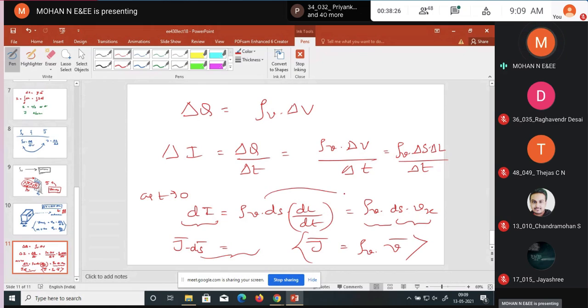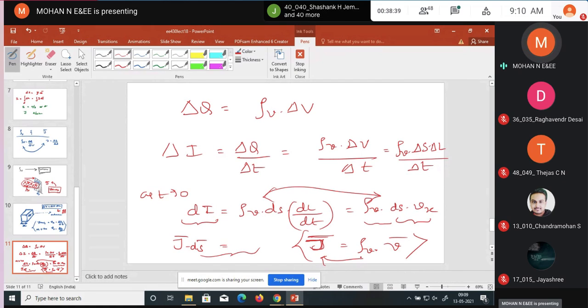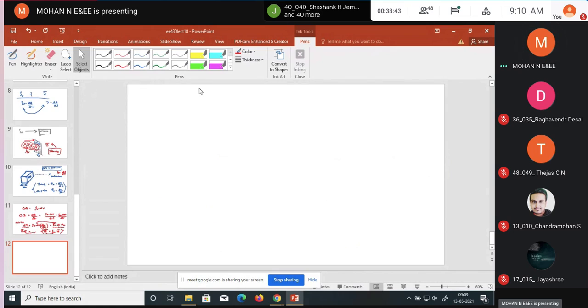Okay, so if you compare these two expressions on the left hand side and right hand side, you will be writing it in terms of the velocity vector. That is how the current density is related to the charge density. From this expression, you could observe the current density and the charge density are related by the velocity vector.